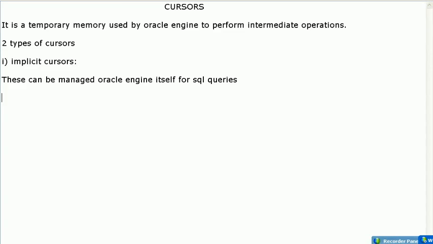Suppose you write select star from EMP where salary greater than 5,000. Then I want to know how many records are affected, how many records are going to be displayed. Generally, if you execute the query, the condition satisfied records will be displayed, right?